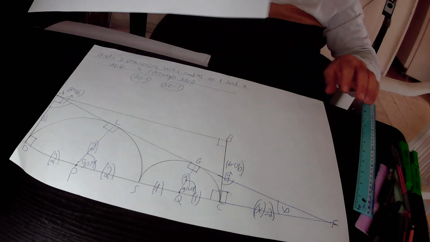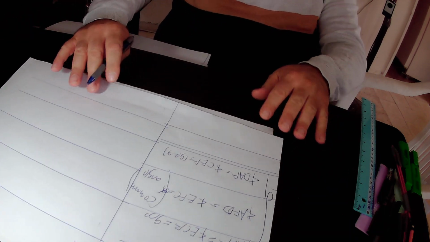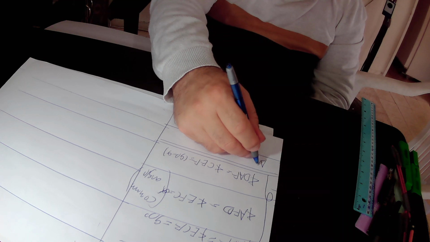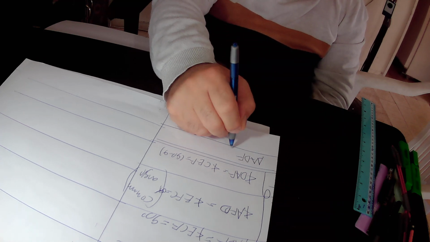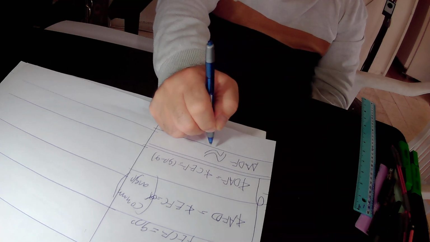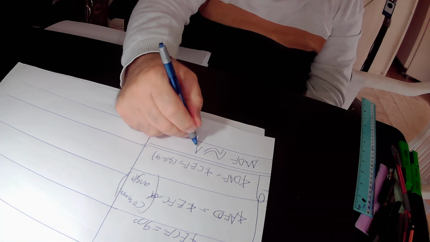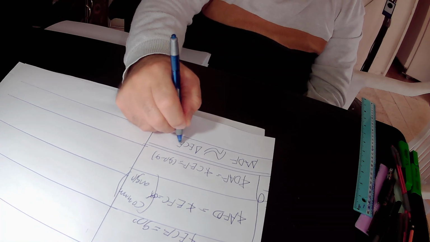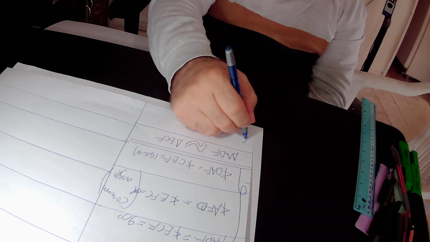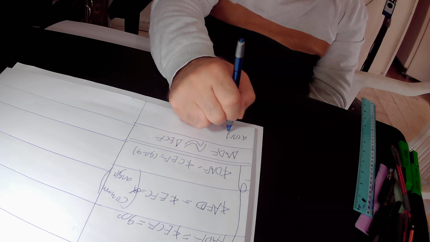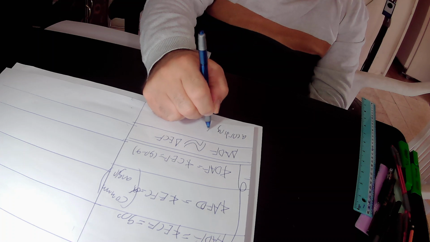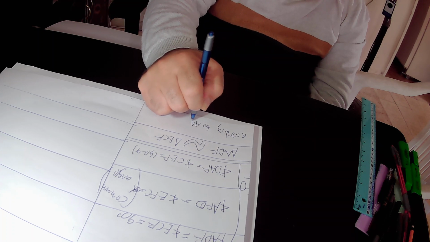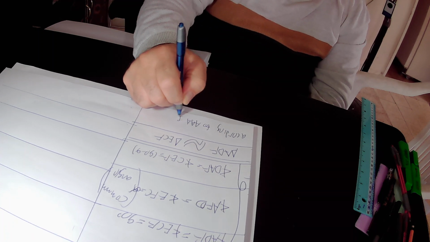So if we found out that the right big triangle ADF is similar to the right small triangle ECF according to the angle similarity rule.